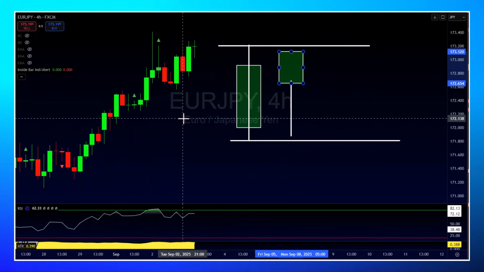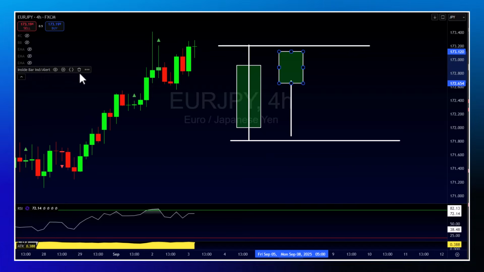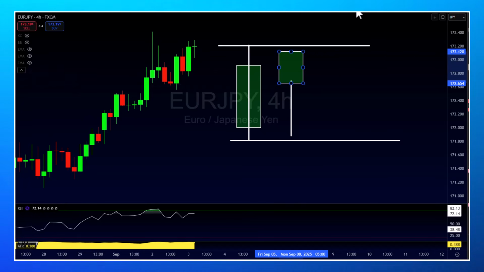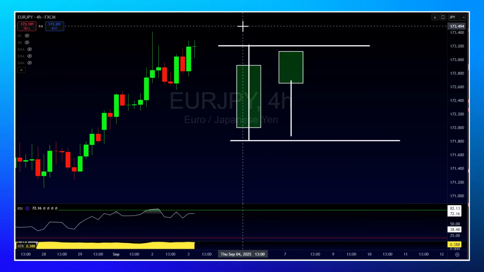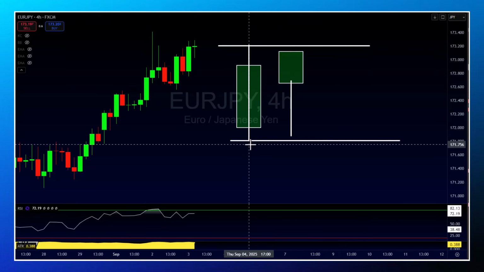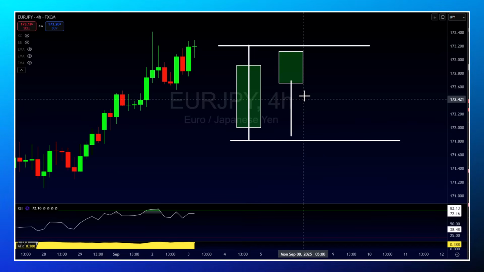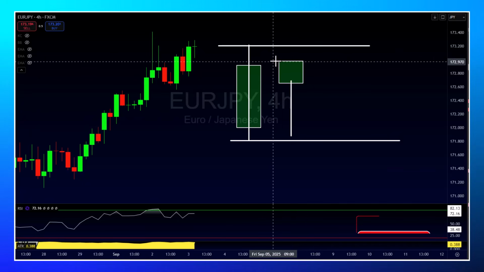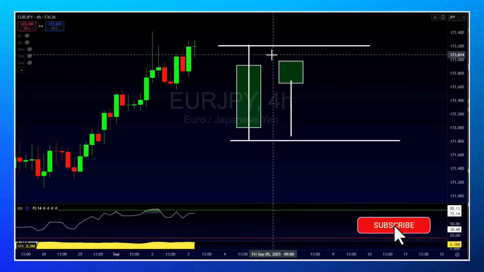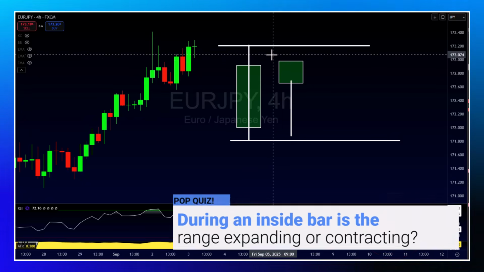Now, what it means is essentially this, right? And again, we'll make this the simplified version, right? If this extreme was our range from the mother bar, and our next bar completes completely within that range, what is happening to the range?